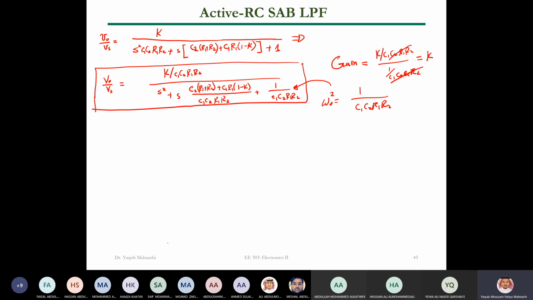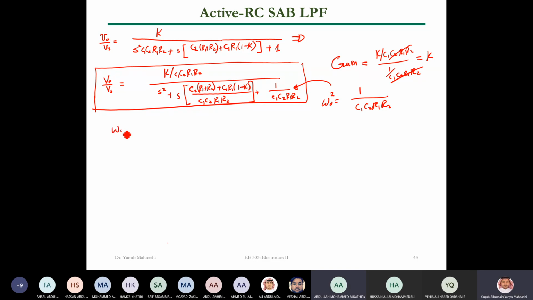What about the quality factor? What do we know about the quality factor? Let me ask you, what do we know about the S coefficient? What does it express? In a second order system, it is omega naught over Q. Exactly.